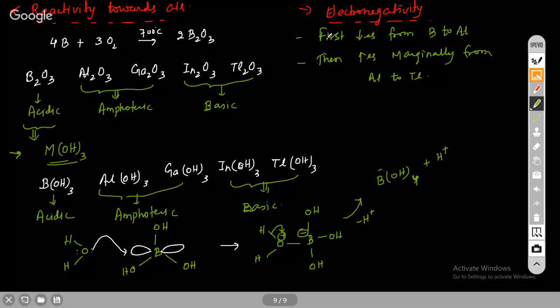The force of attraction between nucleus and the valence electron increases, and hence electronegativity increases from aluminium to thallium.